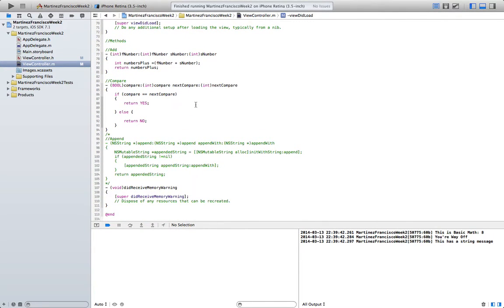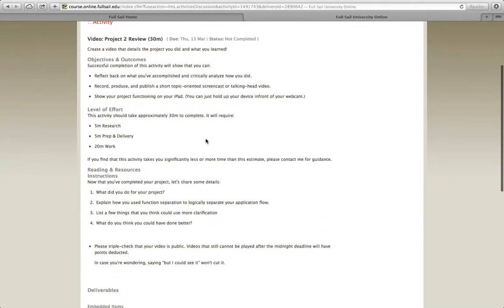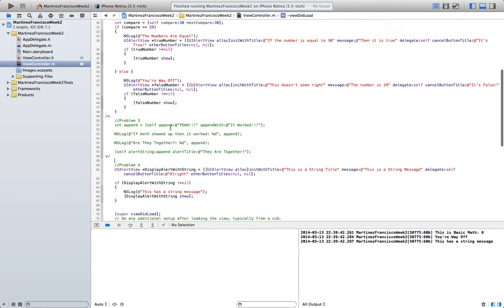As far as what needed to be clarified, I would say it would have to be the append part. But at the same time, which was also one of the biggest problems of this week, was the fact that I felt like I didn't have enough time to go through not only watching all the videos but also going through this thing.